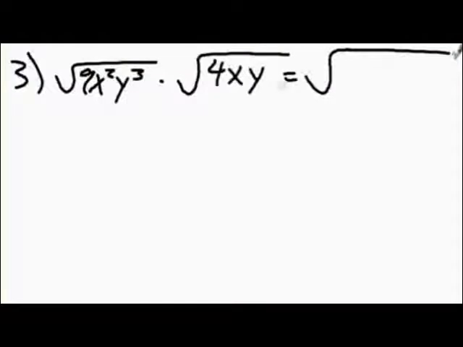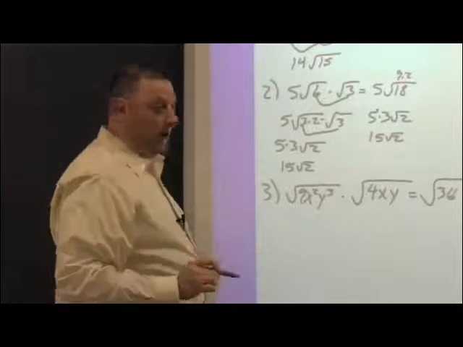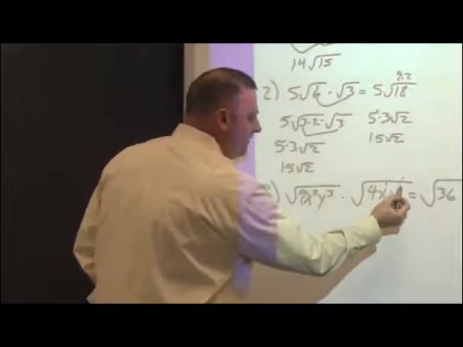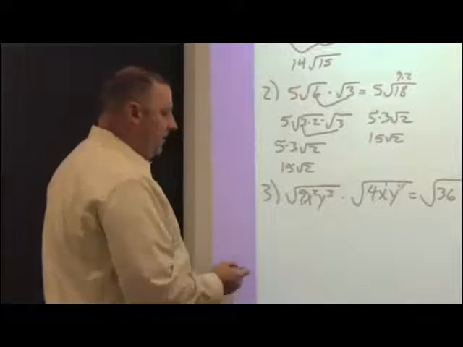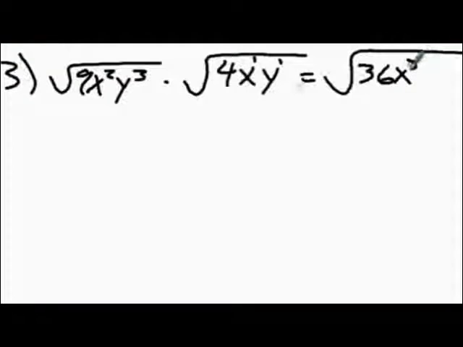So we got 9 times 4, that's 36. Now remember, when you multiply, you add the exponents. You have x squared times x to the first, that's x cubed. And then you have y cubed times y to the first, that's y to the fourth.